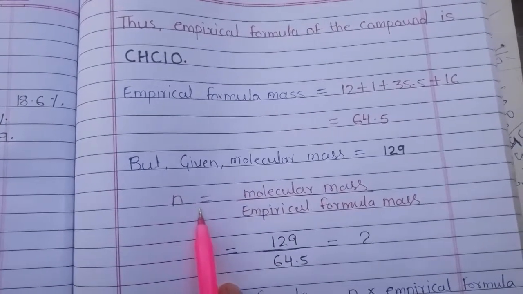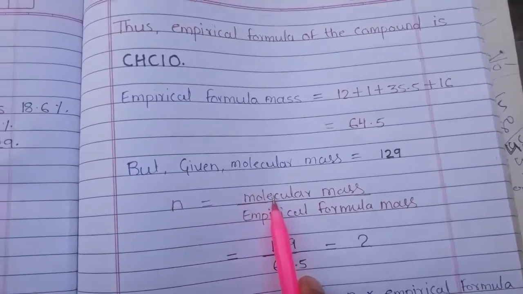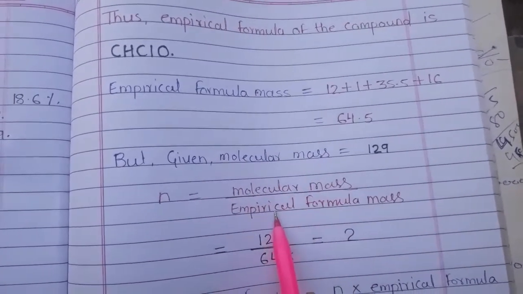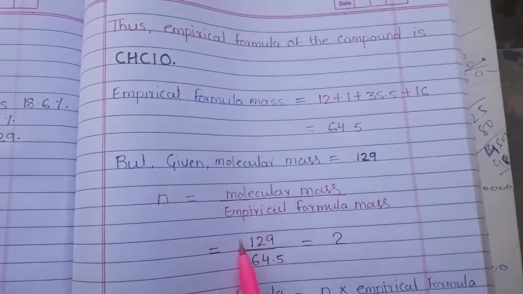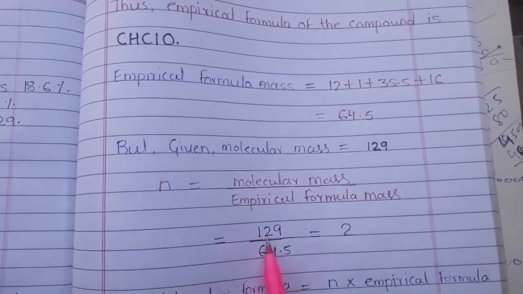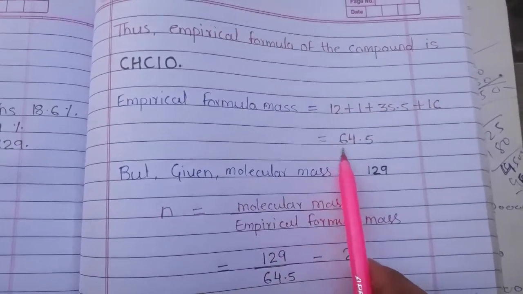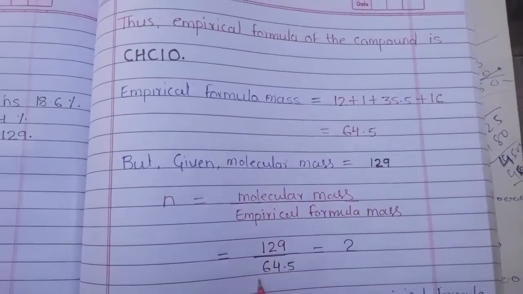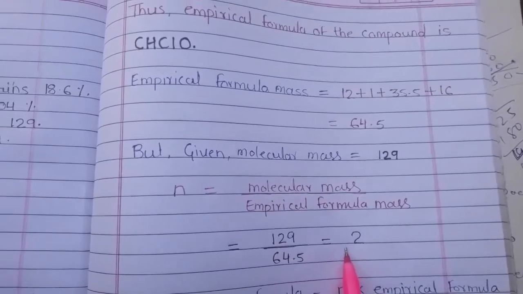For finding it, we divide the molecular mass by the empirical formula mass. The molecular mass is given in the question as 129, and the empirical formula mass is 64.5. Once we divide these, we will get 2.